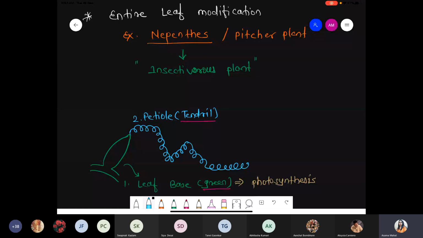Now we talk about the leaf lamina, number 3. The leaf lamina creates a feature-like structure, and now it can easily trap insects. So quickly we will draw that structure also.